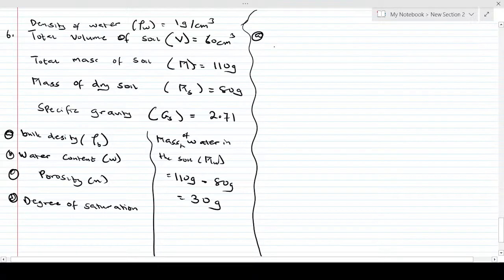So the bulk density, rho B, is simply the total mass of the soil over the total volume of the soil. Now, what's the total mass of the soil? The total mass of the soil is given as 110, and the total volume of the soil is given as 60.